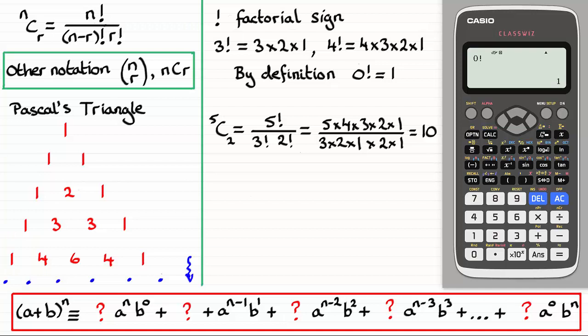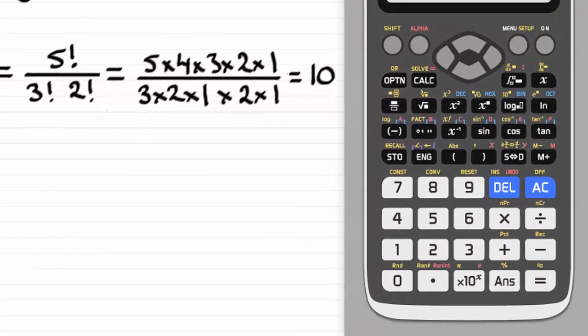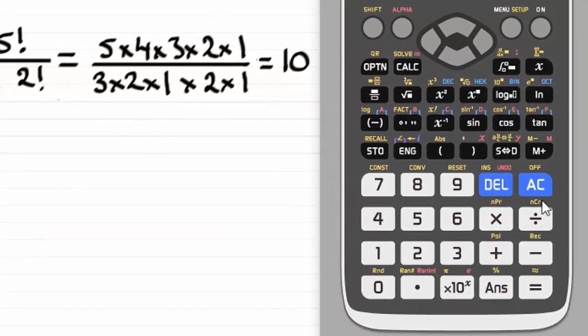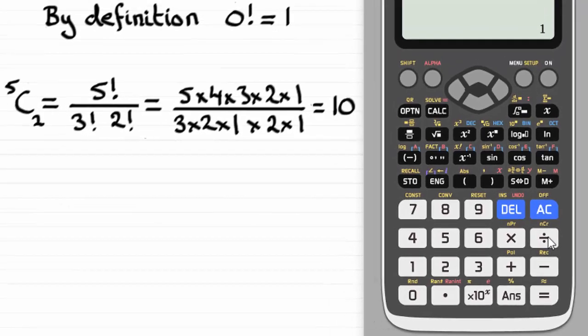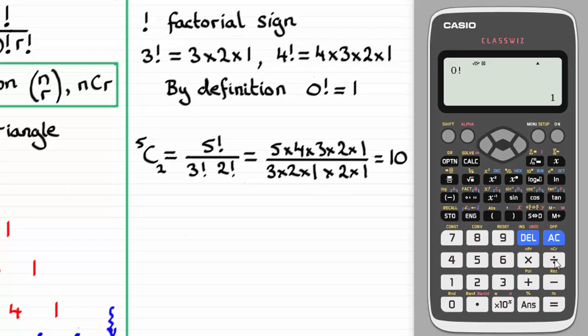Now it is possible to work out nCr as a function on most scientific calculators. On this one, you'll see the function is just above the division sign here. And of course, if we can use this, it would save us having to manually work out our value by a method similar to this. So I'll show you how we would work 5C2 out on this calculator.